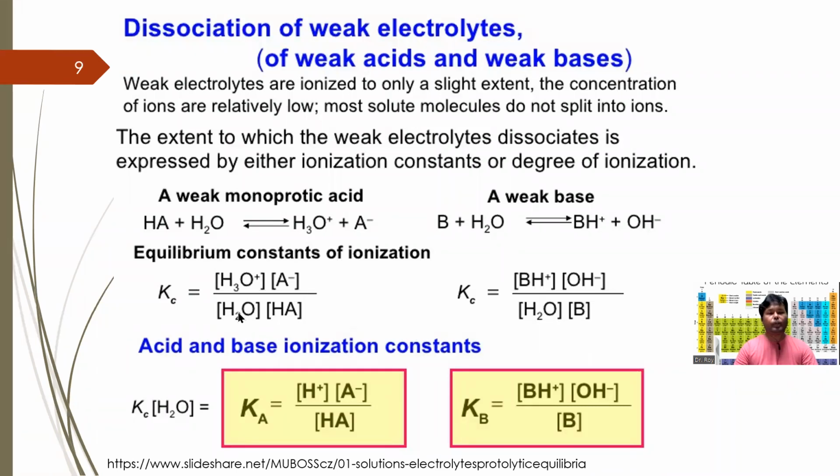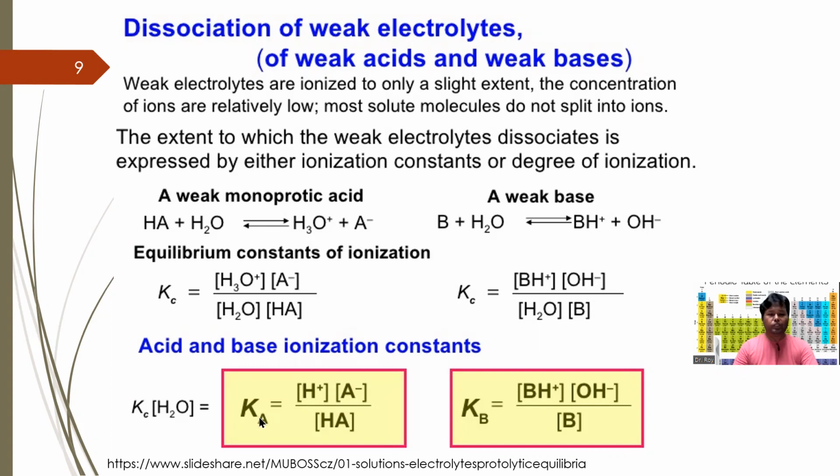So we can write Kc multiplied by the concentration of H2O equals the concentration of H plus multiplied by the concentration of A minus. We are representing this as H plus; actually, we don't need to write it as H3O plus. So we write just H plus and A minus, divided by HA.